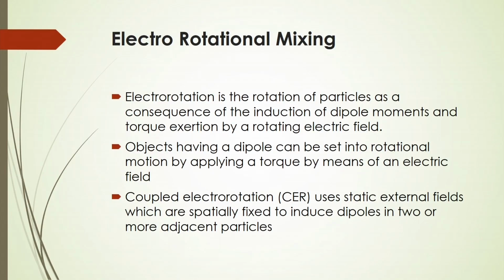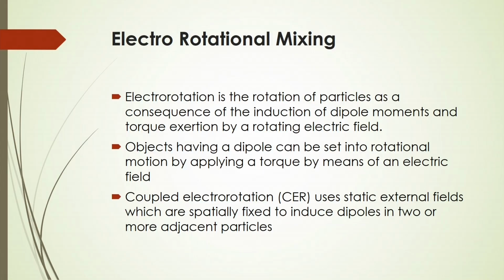Electro-rotational mixing is also one of the important mixing principles by which you can have micromixing inside the microreactor. Electro-rotation is done as a consequence of the induction of dipole moments and torque exertion by a rotating electric field.